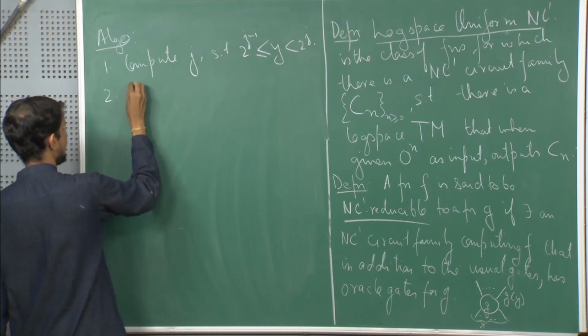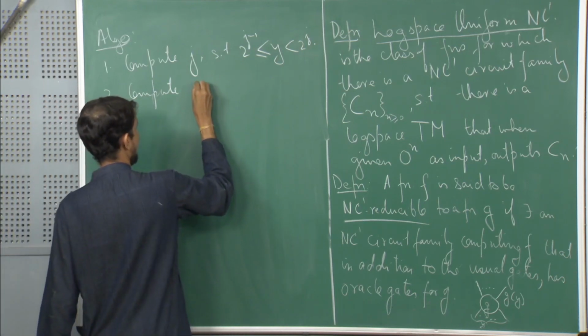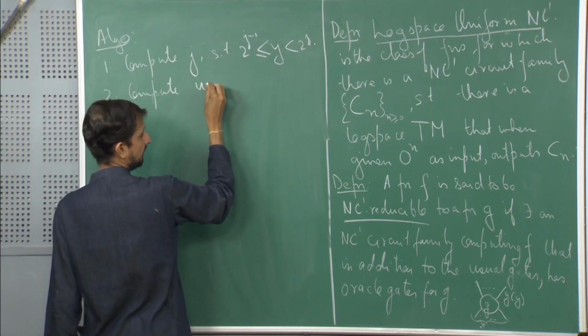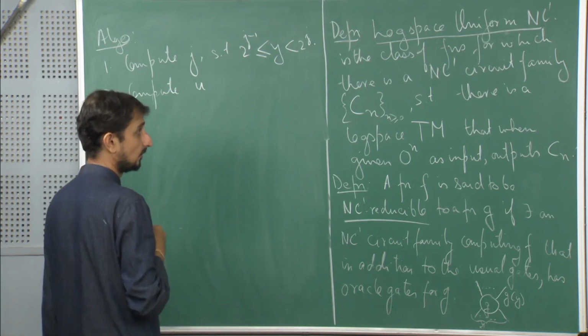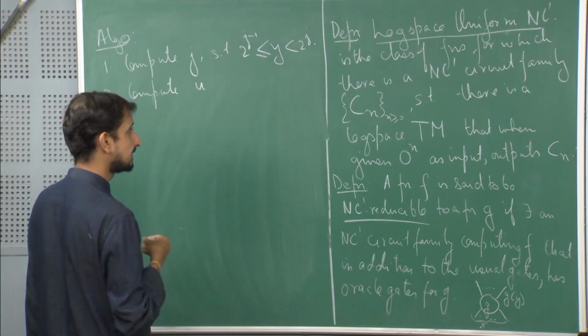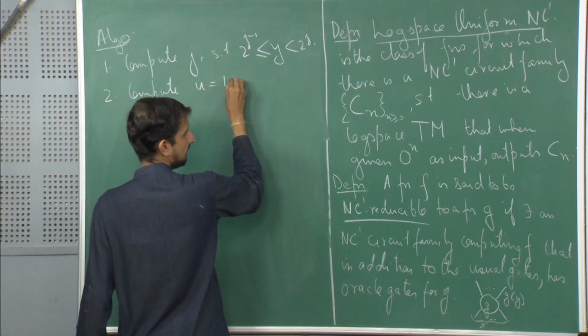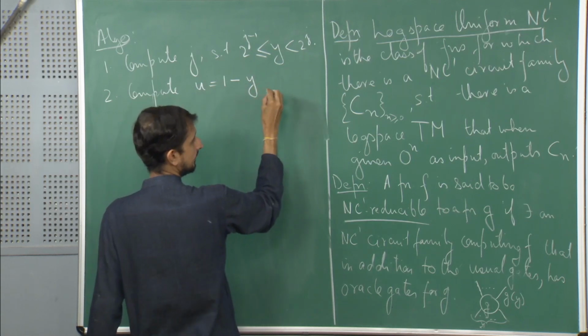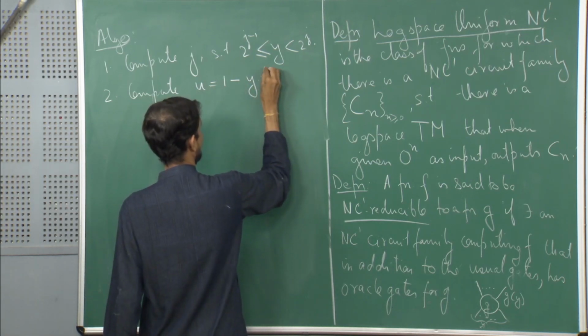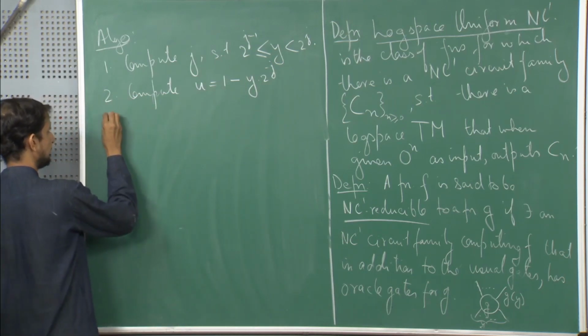Next step is to compute u. How do I get u? So u is equal to 1 minus y into 2 to the power minus j. So we have y, we have j, so we can compute u.